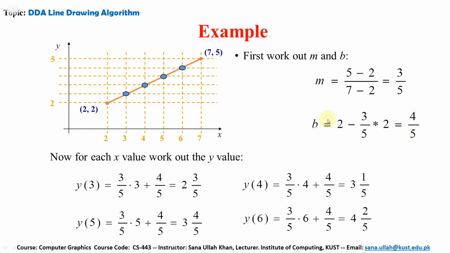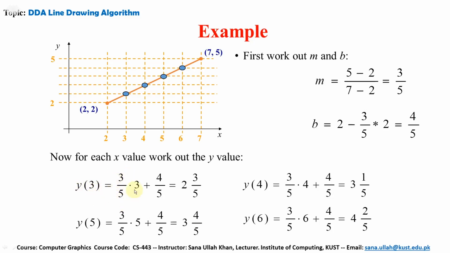Now we can easily calculate the corresponding y coordinate for x. For each x value, work out the y value. If the x coordinate is 2, then the corresponding y coordinate is also 2. If the x coordinate becomes 3, what will be the corresponding y coordinate?